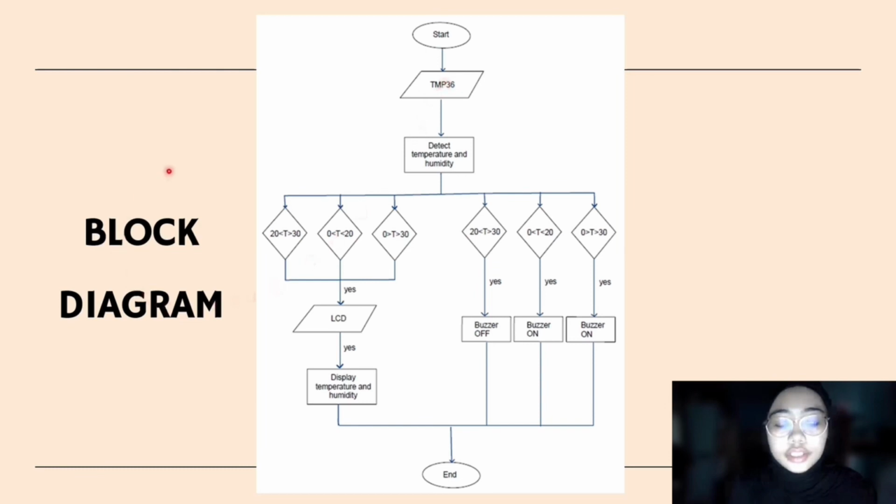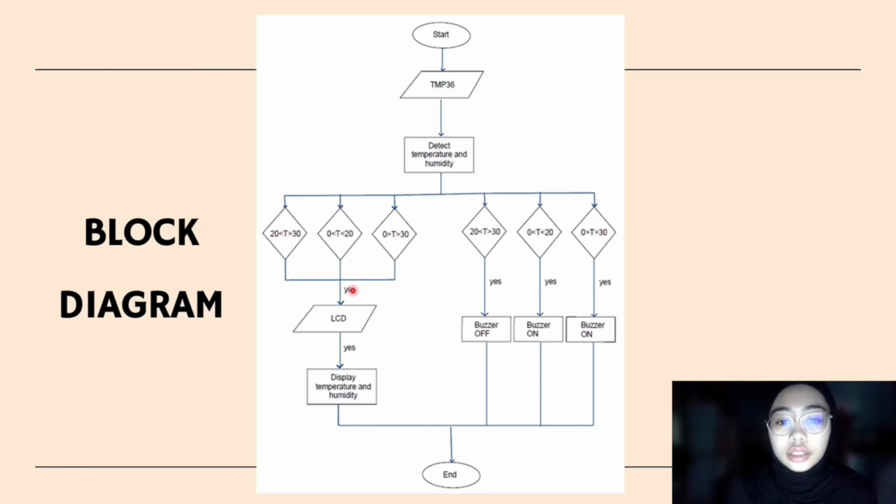And for the block diagram, this is the flow chart, the entire flow chart of our simulation. So the first one is start, and it will send signals to TMP36, and then it will detect temperature and humidity.